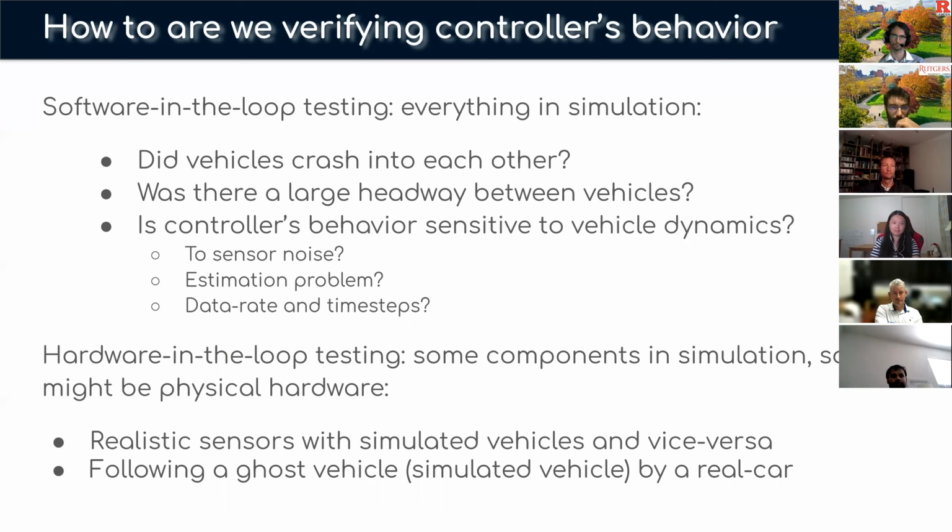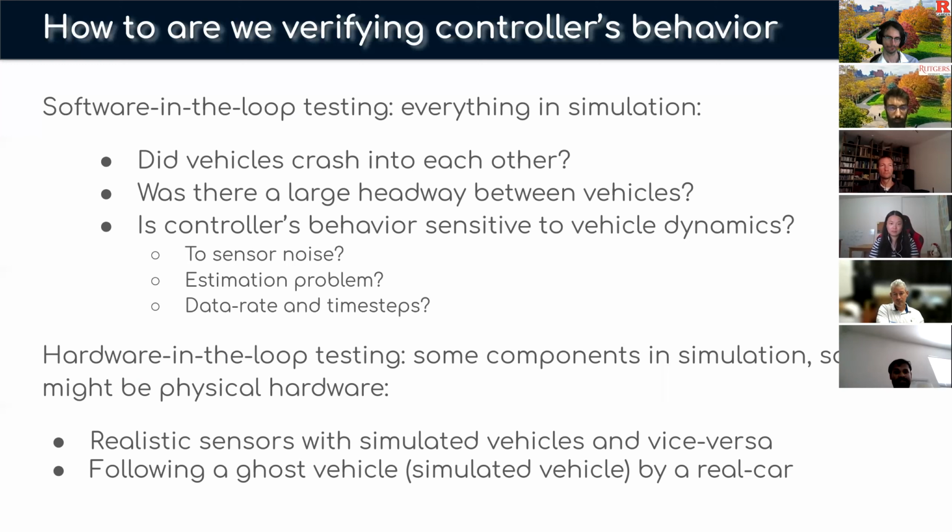For that, we have some testing methodology, like software in the loop simulation, where we test everything first in the simulation and analyze whether the result meets our expectations. Then we also do hardware in the loop testing, where we deploy the controller in one vehicle and test with some ghost vehicles, as was done in the CAN coach experiment described by Dan earlier.